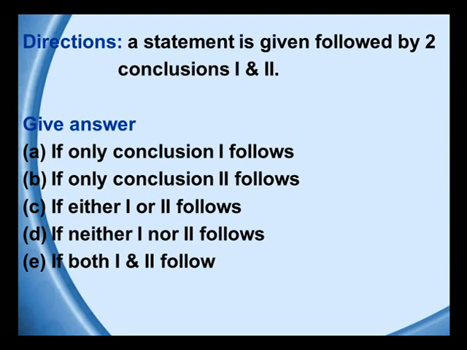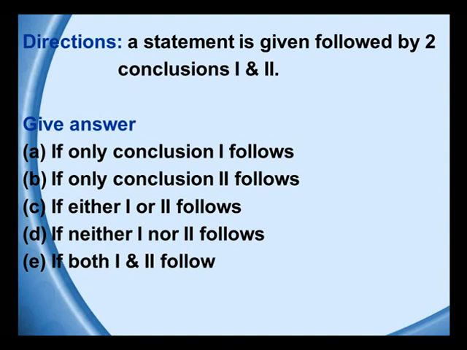Now I'm sure you must have this question in your mind, how C and E are different from each other. C and E are distinctly different in the sense that in E, when both conclusions independently and individually follow, you'll be marking E as your answer choice. On the other hand, C should be marked only when 1 follows and 2 doesn't, or 2 follows and 1 doesn't.